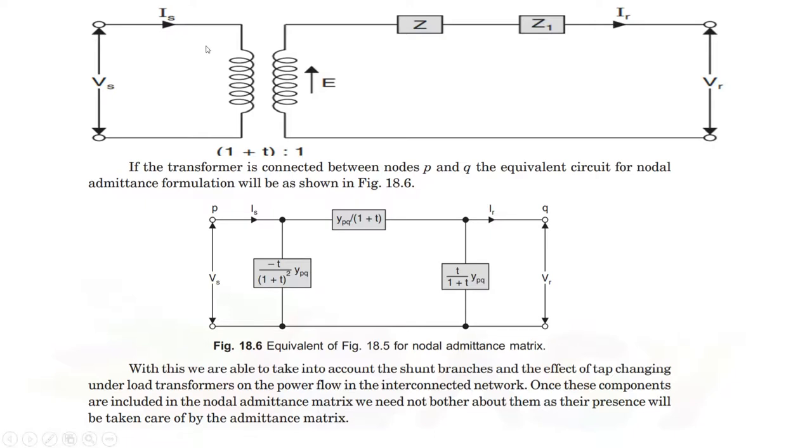With this we are able to take into account the shunt branches and the effect of tap changing under load transformers on the power flow in the interconnected network. Once these components are included in the nodal admittance matrix, we need not bother about them, as their presence will be taken care of by the admittance matrix.